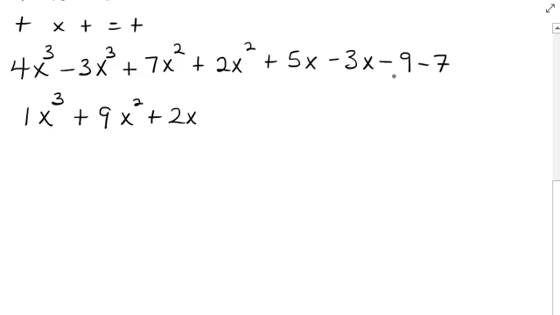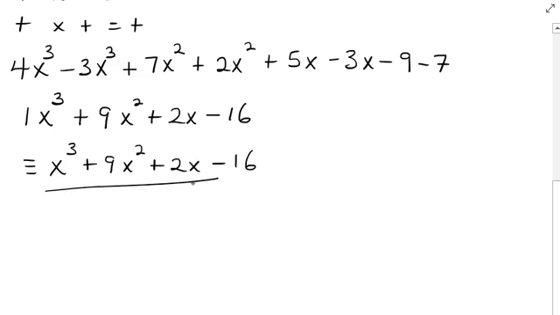And minus 9 minus 7 is minus 16. Some people don't like putting the 1 in front of the variable, so I just write x cubed plus 9x squared plus 2x minus 16. And this is the answer.